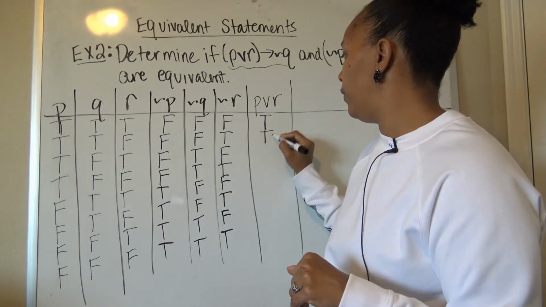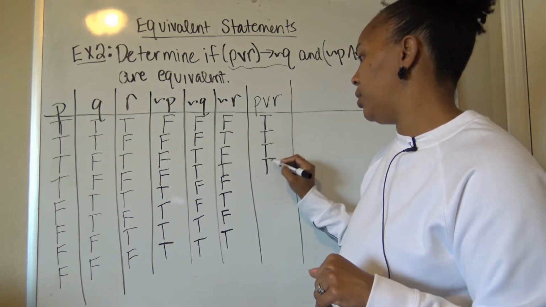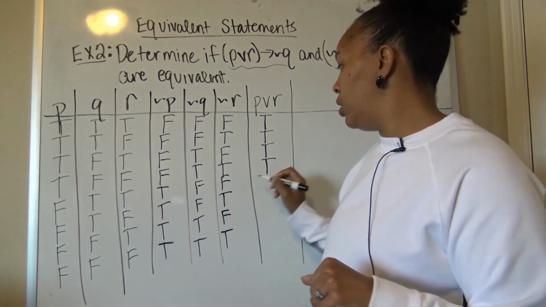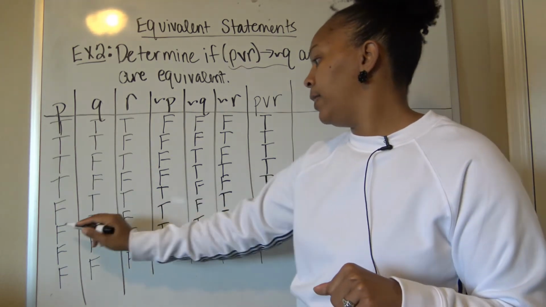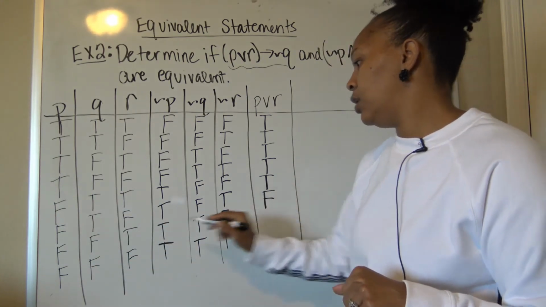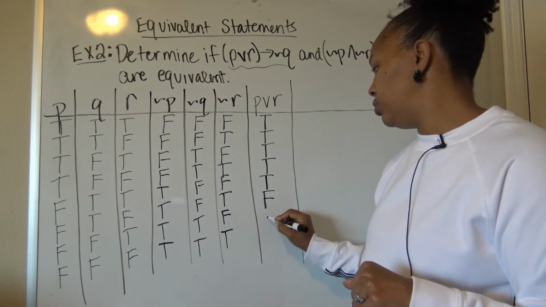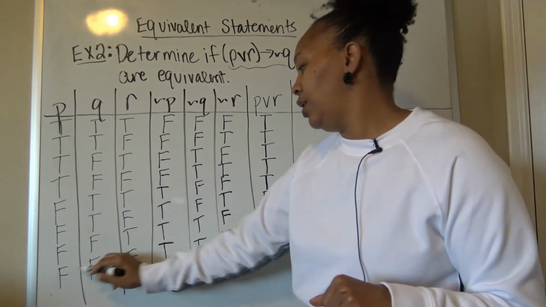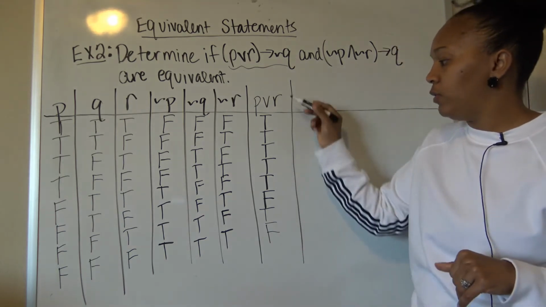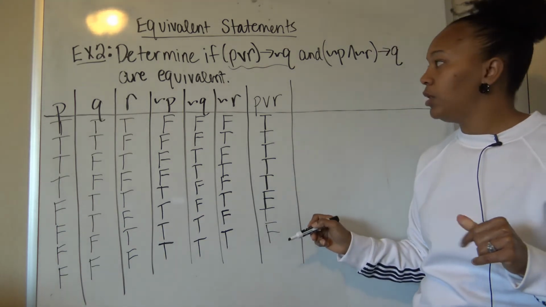So I'm going to have true for the next 3 statements. Then here one of them is true, so it'll be true again. Here they are both false, so that will be false. Here, one of them is true, so that will be true again. And then here they are both false, so that would be false. So this is what my P or R column would look like.